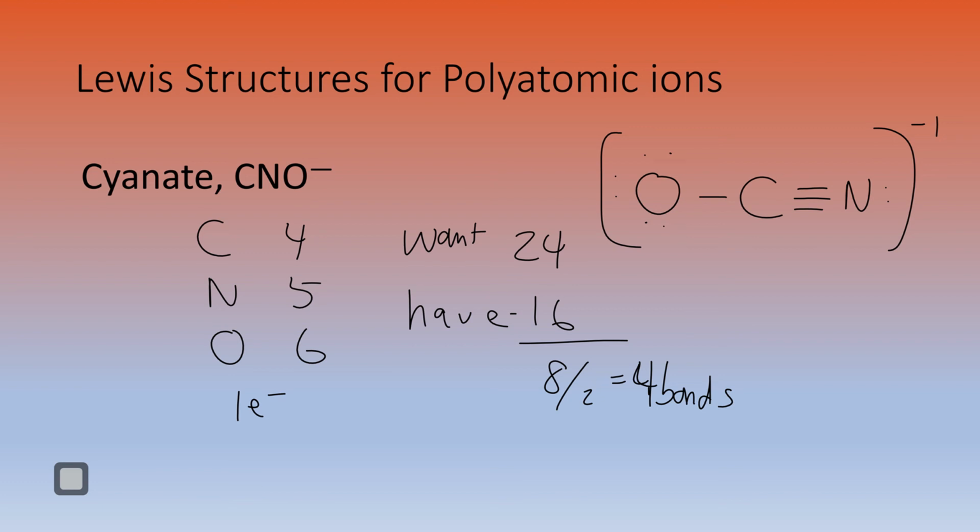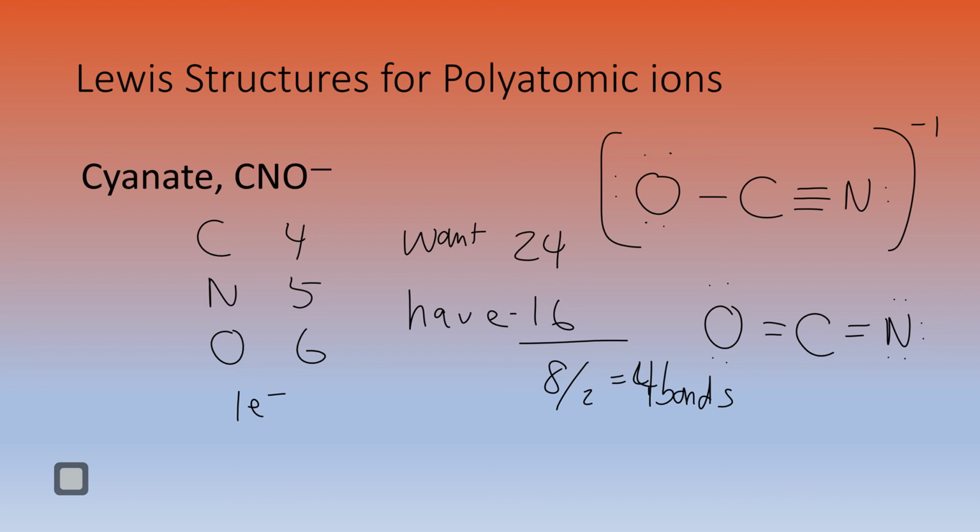I'm sure you're sitting there thinking, well, why can't I do it like this, where it's 2 on this one and then 2 on this one, and that would make that one all okay, and then why wouldn't this one then get the extra electron and so forth? Okay, that's a little bit tough to answer, but again, it kind of goes with the name of it, in that it's cyanate, so we know we're going to have that CN together.